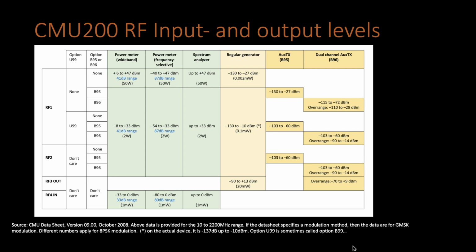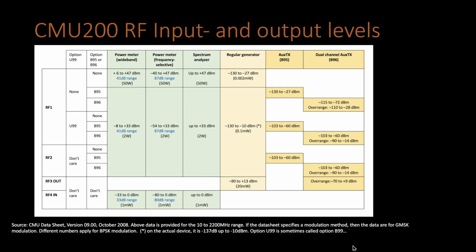The column following is whether you have these additional signal generators, the B95, the B96 or none. And then the different colored parts of the table show you the maximum input level, which is all provided in green, and the maximum output level, and these are the cells in yellow here.